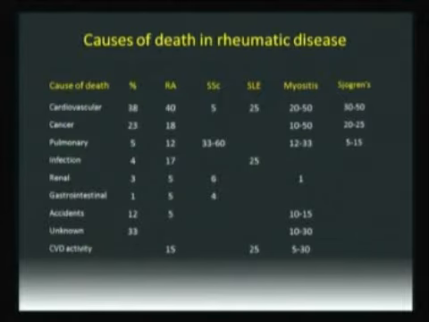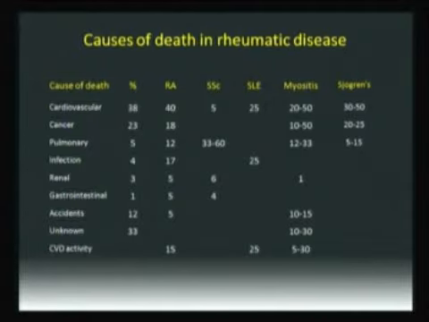So in other words, lung involvement is the major cause of death for patients with scleroderma. But that's also true for myositis, that's true for Sjögren. So we need to be aware that pulmonary involvement is a major cause of death in patients with rheumatic disease.